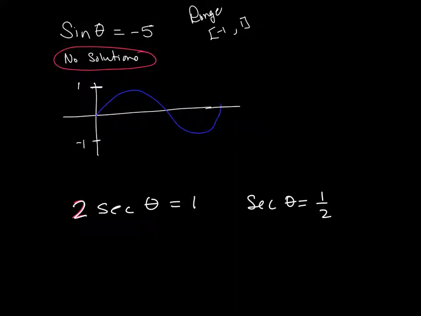Now, this is the reciprocal function of the cosine. Cosine has the same type of graph, but the cosine just starts and ends in different places. So the cosine is going to be like this, right? Up to here. So what happens with the secant? Your secant function starts here and then goes up.